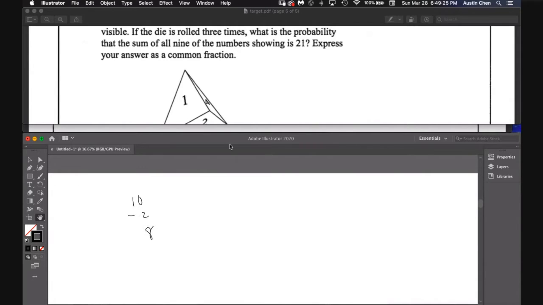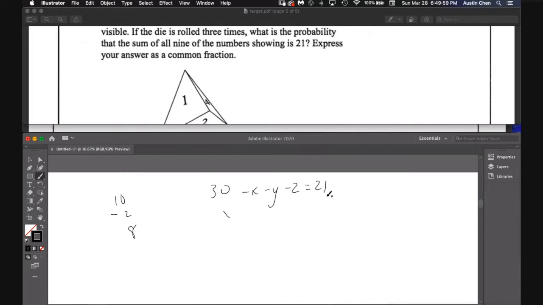And if we thought of all 3 dice rolls like this, we have an initial sum of 3 times 10, or 30. Then we subtract each of our die rolls, landing on one face each, and that has to equal 21. Let's say my die rolls are x, y, and z. Then I can make the equation 30 minus x minus y minus z is 21.